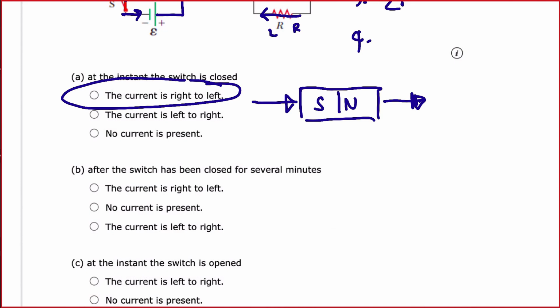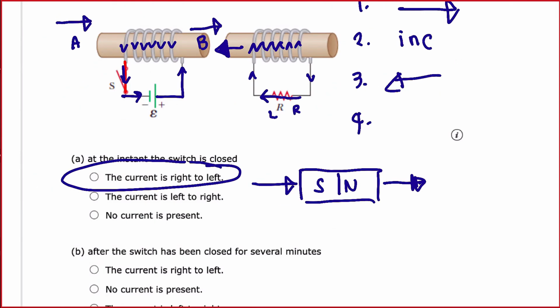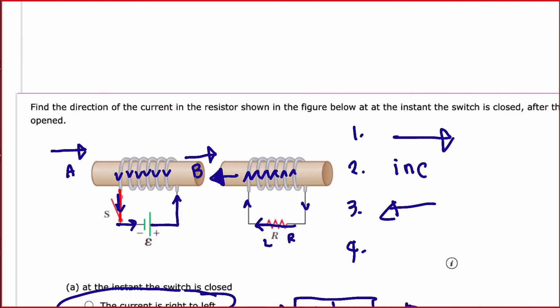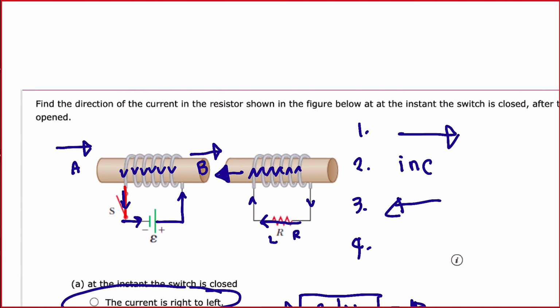I didn't understand part C. Part C is the exact opposite of part A. So if in part A there is an increase in the magnetic field, in part C, there will be a decrease in the magnetic field because once you open up the switch, the solenoid on the left would no longer have a magnetic field.